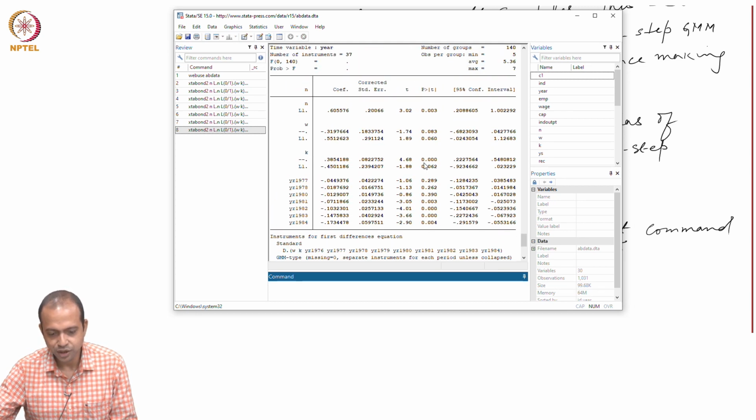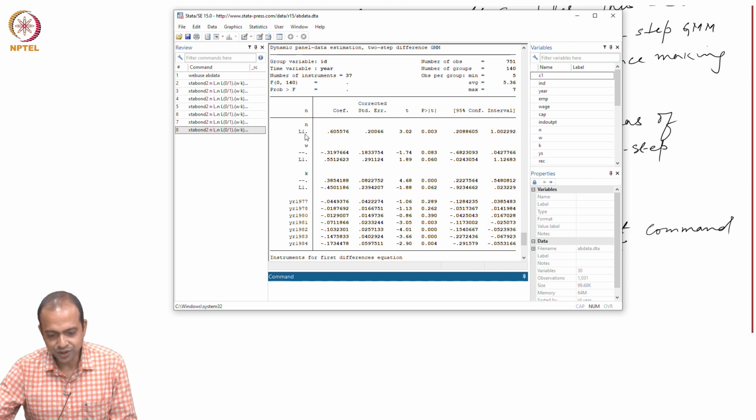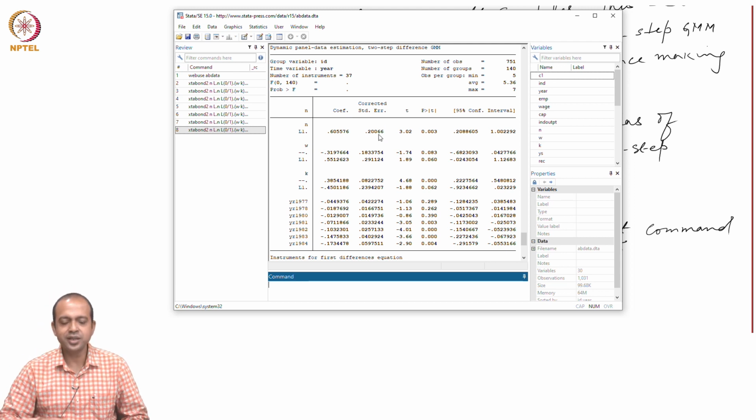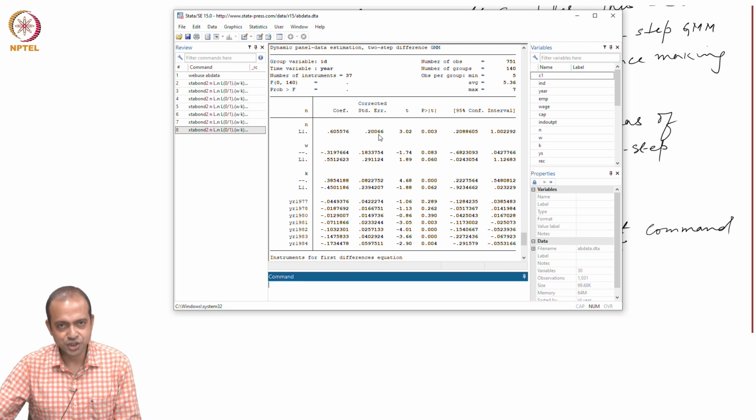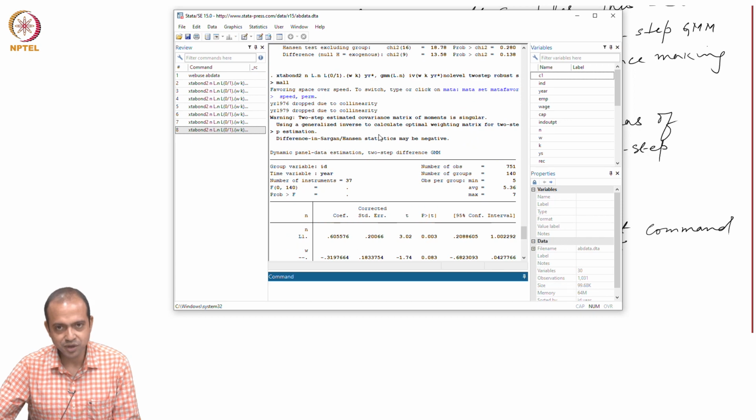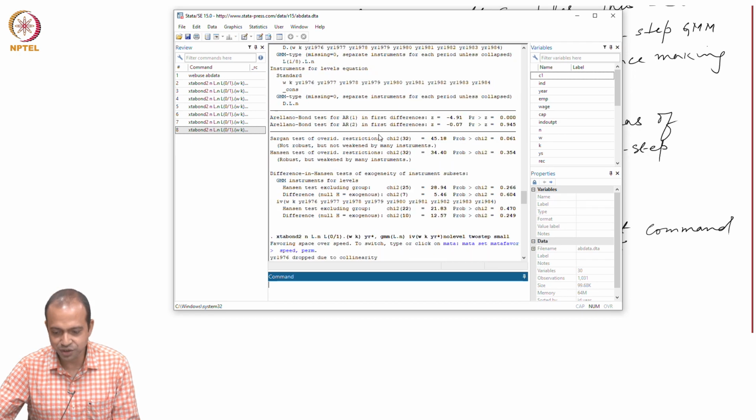What is happening? Even though my estimates are still not lying within the interval, at least my standard error is increased. That much I could ensure, right. So, while two step difference GMM could not, system GMM estimators could ensure it.